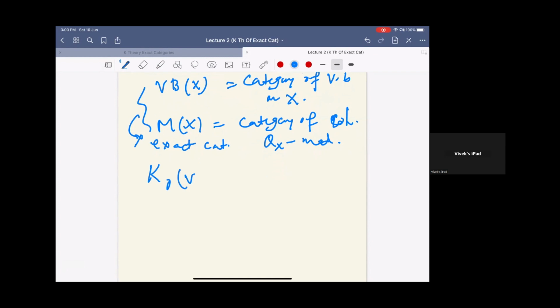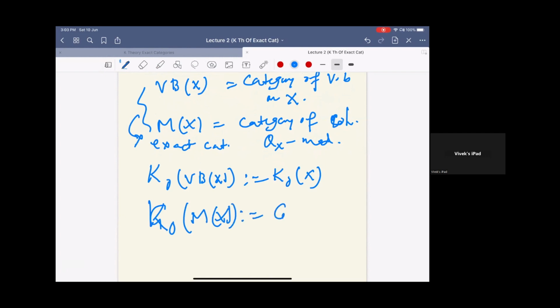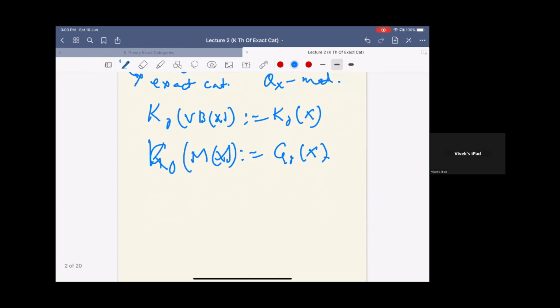Then we define K0 of vector bundles on X, just K0 of X, and K0 of MX is known as G0 of X, this is G-theory.